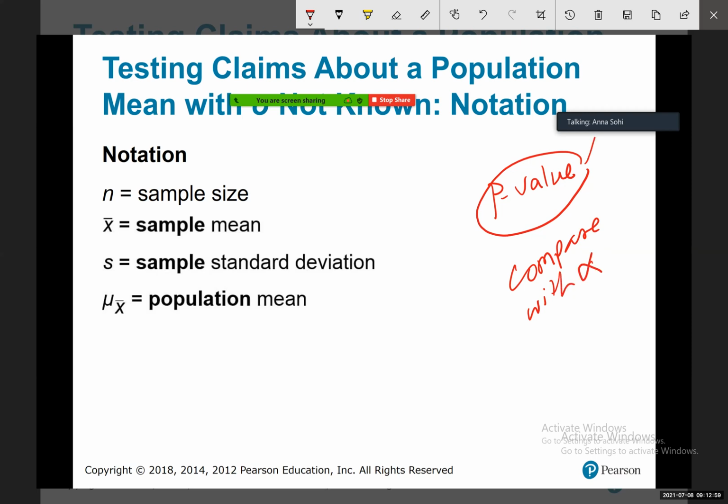Large p-value, you fail to reject the null. Small p-value, you reject the null.